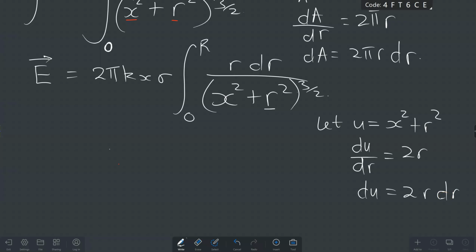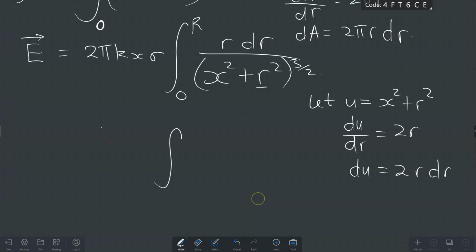So the integral becomes, since we have a 2 here, we can put it back inside, so that we'll have a 2r dr there.